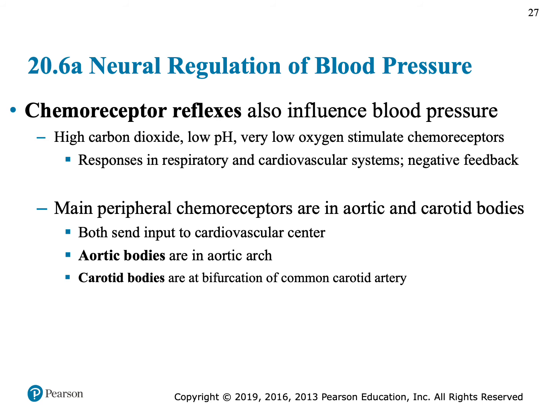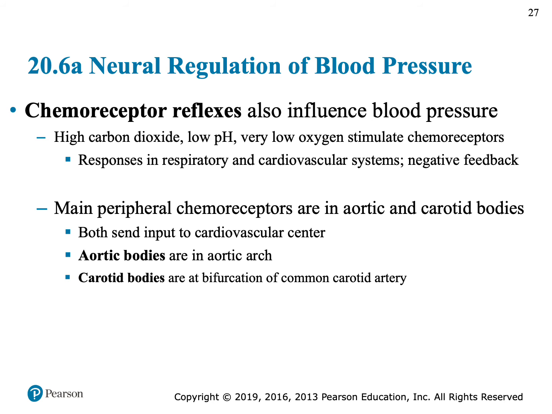Okay, so chemoreceptors. You have chemoreceptors that are recognizing, are you too acidic? Are you high on carbon dioxide? You're not getting enough oxygen. So that's going to change blood pressure too, because we need to make sure that everybody is getting a normal pH, enough oxygen, and getting rid of carbon dioxide.